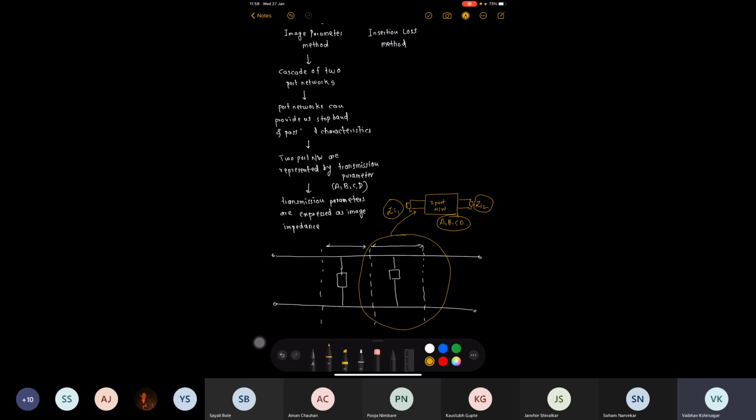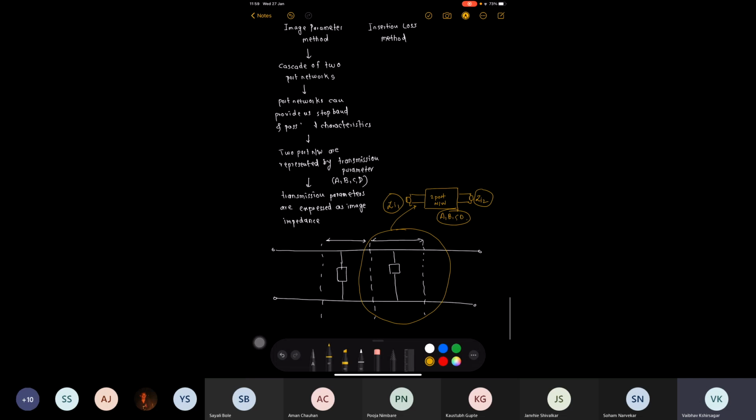So this we can call a drawback of the image parameter technique, because the method cannot be utilized to perfectly match at a particular frequency, and therefore there will always be a mismatch, and because of this mismatch, reflection will take place. And whenever reflection takes place, at the cutoff frequency we will not get a sharp cutoff response, but on the other hand we will get a gradual response.